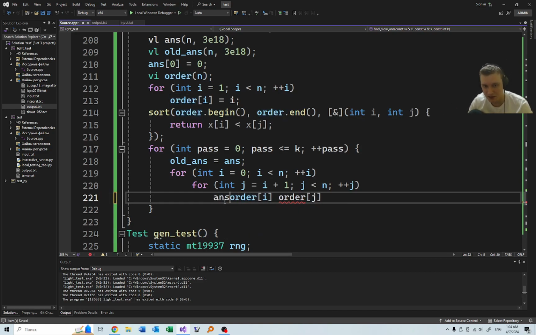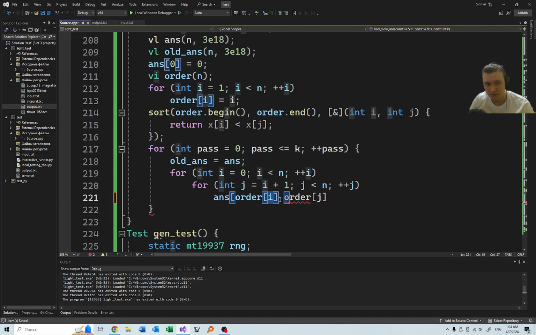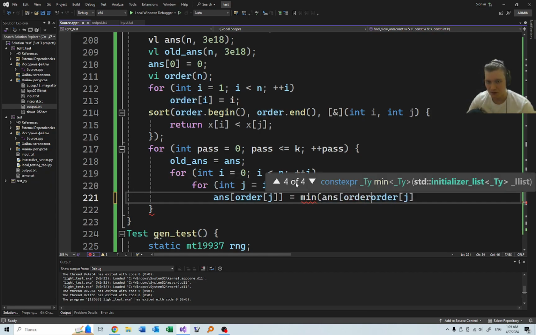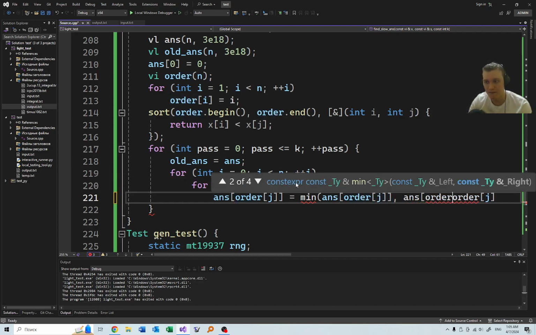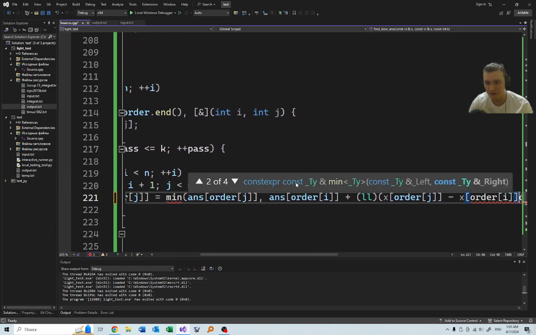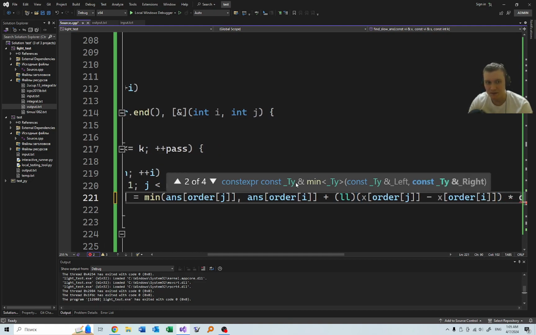I say that answer order J is minimum of answer order J and answer order I plus x order J minus x order I times the speed of order I, inverse speed.